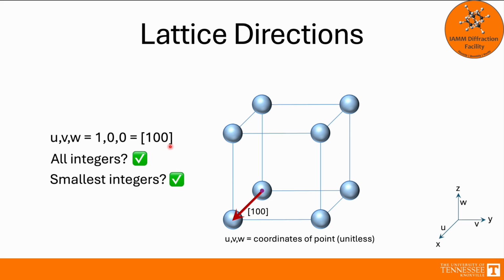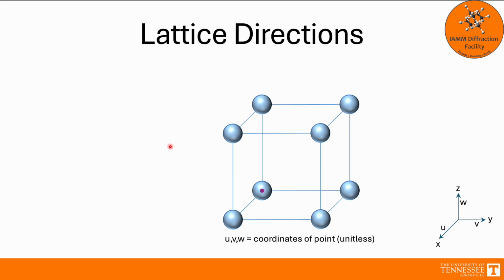What happens though if we draw this same direction just shifted over one atomic spacing? Well, this might seem like it's a little trickier in terms of the UVW coordinates, but remember, I just chose this origin arbitrarily.